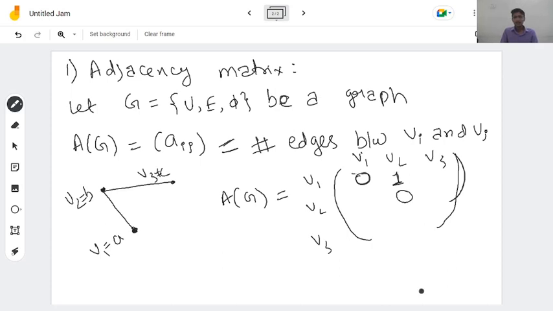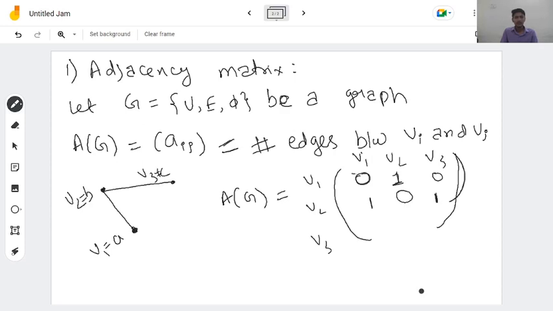Now similarly, what will be the entry here? The number of edges between V1 and V3 is just 0. Number of edges between V2 and V1 is 1. Also the number of edges between V2 and V3 is 1.